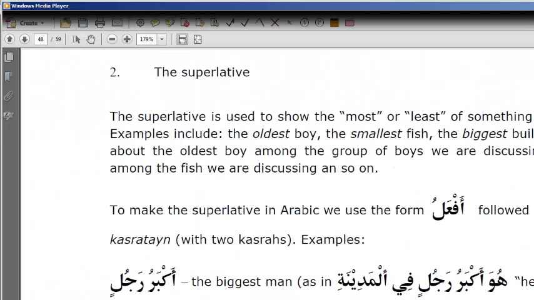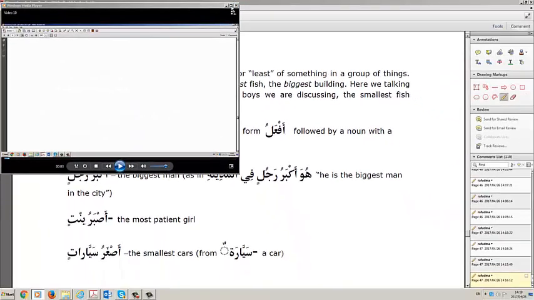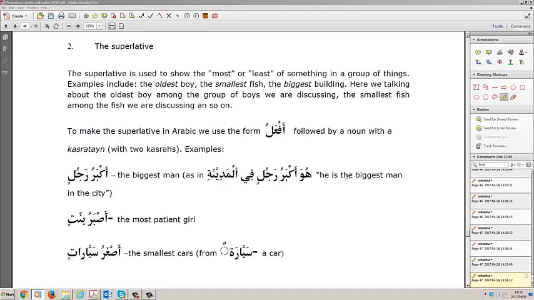Af'alu followed by a noun in the kasratain. So, for example, huwa akbaru rajulin fil madina. So you get akbaru there, the biggest. He is the biggest man in the city.